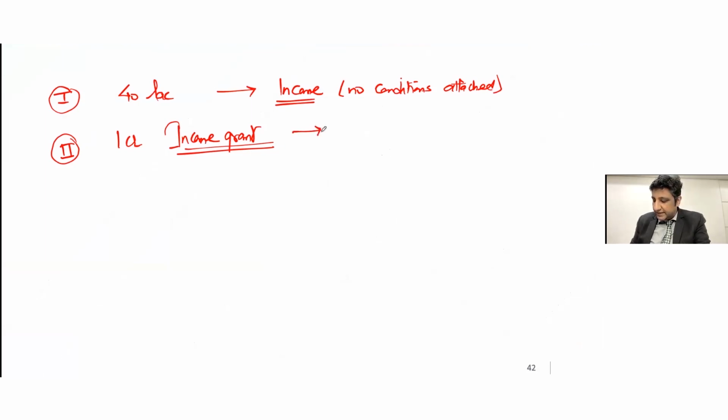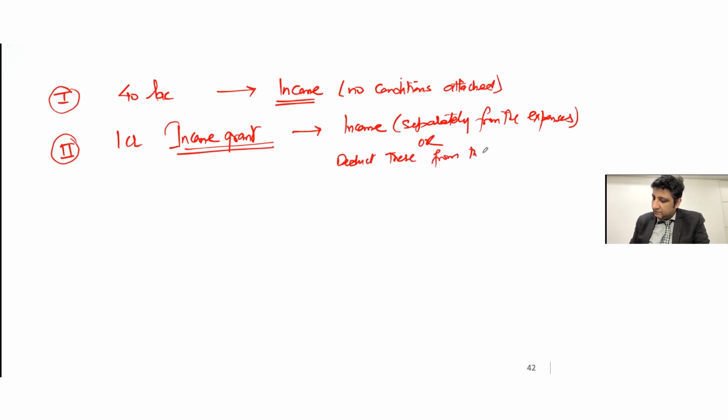Either you show it as an income separately from the expenses that you incur for the research and development, or you simply deduct these from the expenses. It's purely the presentation requirement.